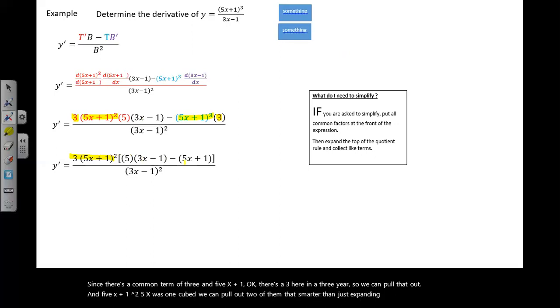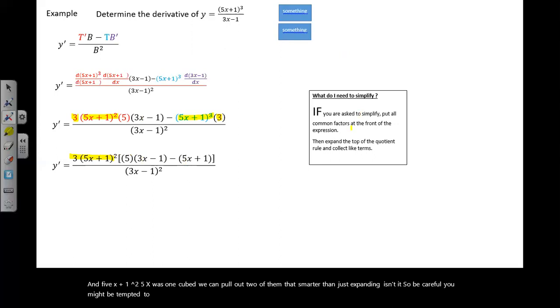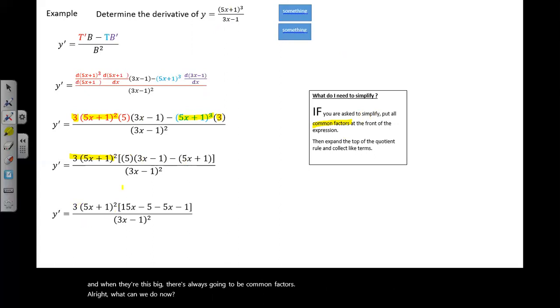So be careful. You might be tempted to go, yeah, I'm just going to pull everything out front, but it's quicker if you look for your common factors first. And when they're this big, there's always going to be common factors. All right, what can we do now? We'll multiply these out next.